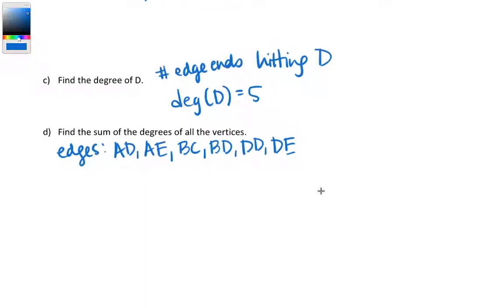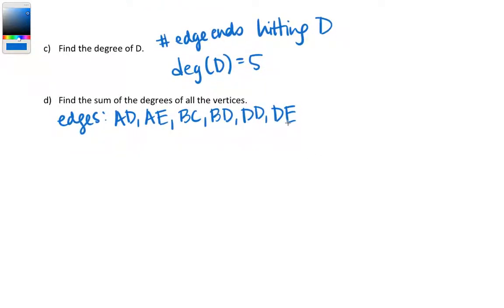So we've got 6 edges, and every letter in this list corresponds to one edge end hitting a vertex. So what we can do is just count, well, how many vertices are named here, and we see there's 2, 4, 6, 8, 10, 12.